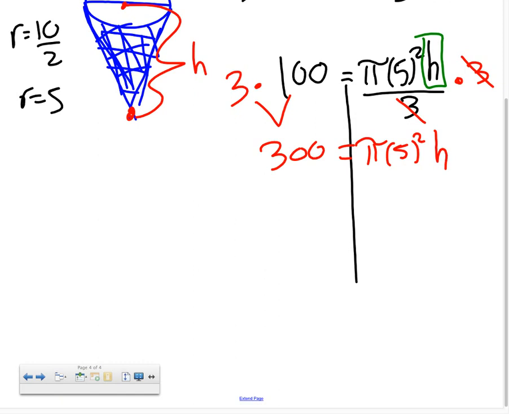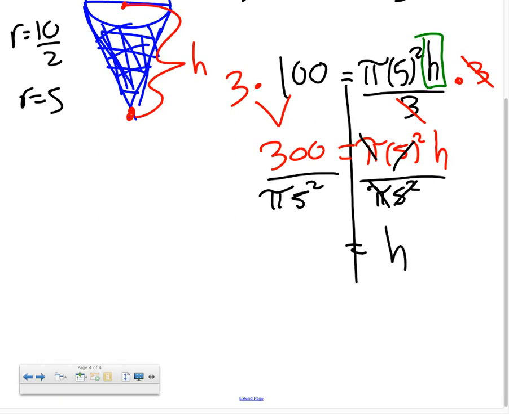And then now we're back into cylinder territory. We did this very similar thing here with cylinders last time. We're going to get rid of the pi 5 squared all in one go by simply dividing by pi 5 squared in total. Same thing over here. Divide by pi 5 squared. So the pi's would cancel, the 5 squares would cancel. I'll be left with just h. And in my calculator, I would do 300 divided by pi times 5 times 5.